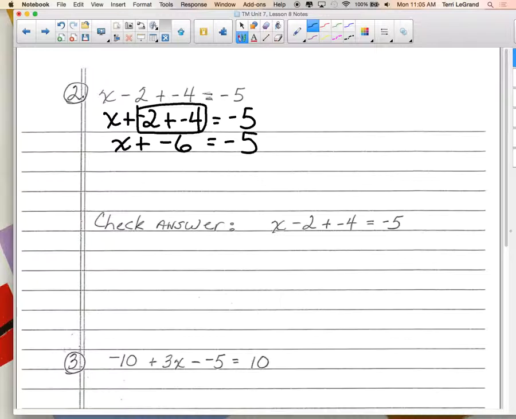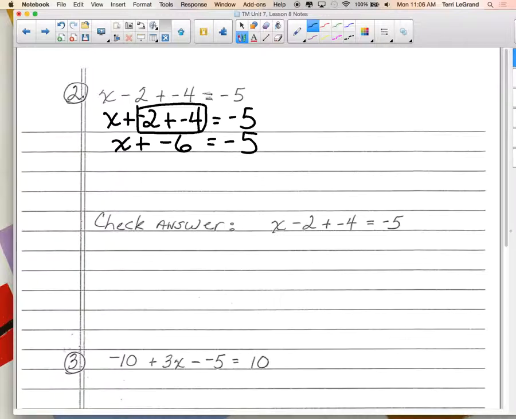Okay, quickly model that here. Started as x plus -2 plus -4 equals -5. Quickly. You guys should be really quick at this now. X plus -2 plus -4 equals -5. Oh, you want to move it?